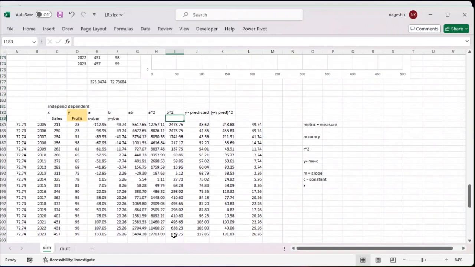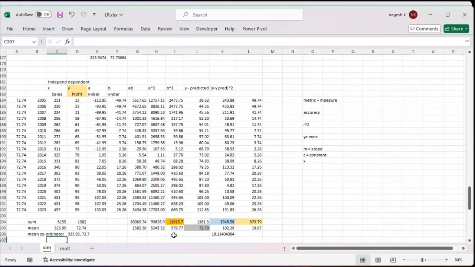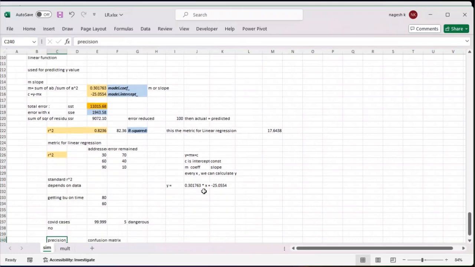Now this is the equation that we have. And in this equation, for every x, we can calculate y. For all the x values, for 2.411, we can just give this value.